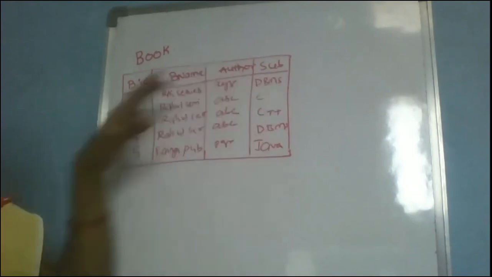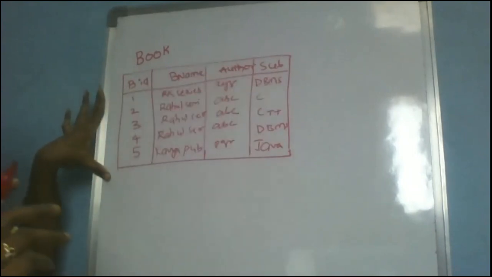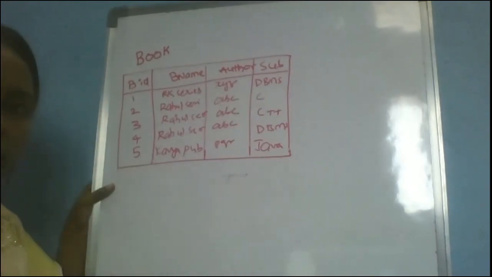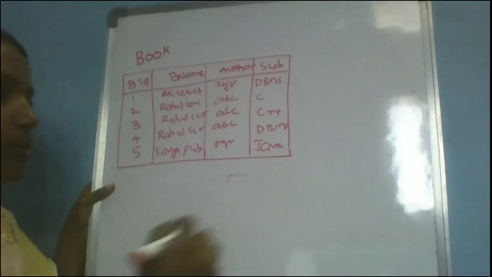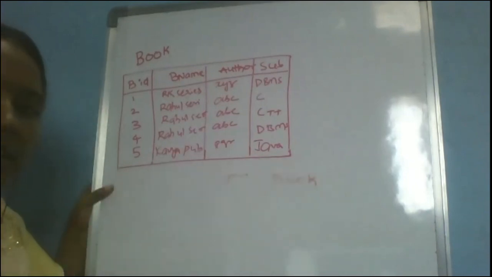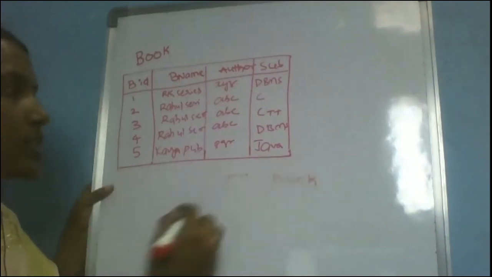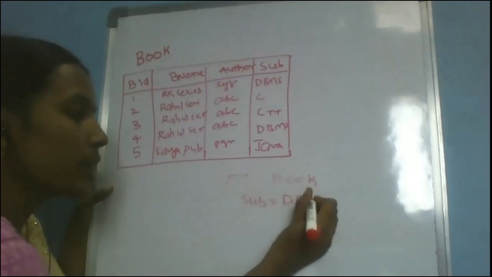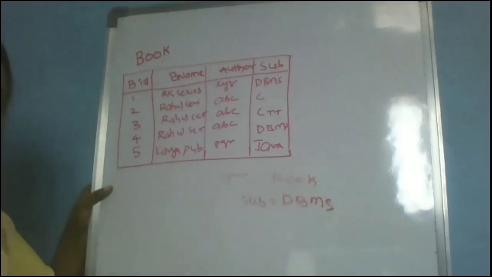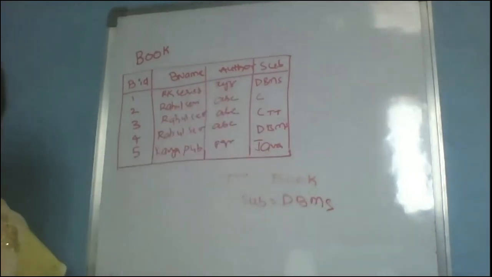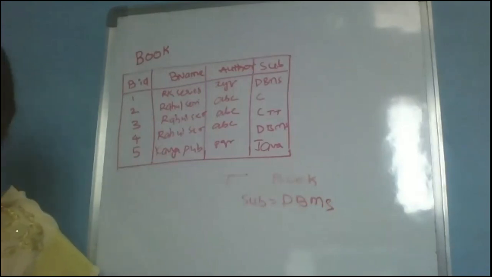Out of this book table, I want to display only DBMS books. So how will I write the condition? From the book table, I want to display the rows where the subject is equals to DBMS. That means whatever subject DBMS is there in my table, only those books I want to display.